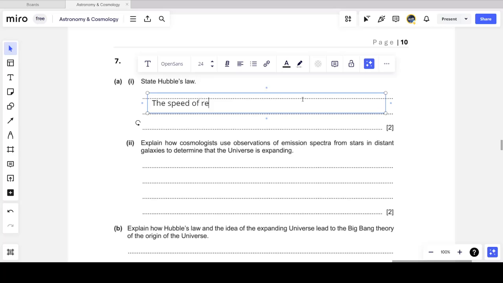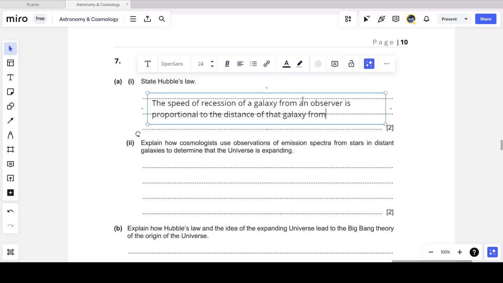The speed of recession. I like using the word recession because it prevents me from saying the speed at which a galaxy recedes or moves away. Simpler to say recession. Speed of recession of a galaxy from an observer, it can be any observer, is proportional to the distance of that galaxy from the observer, or the distance between the galaxy and the observer would both mean the same thing.